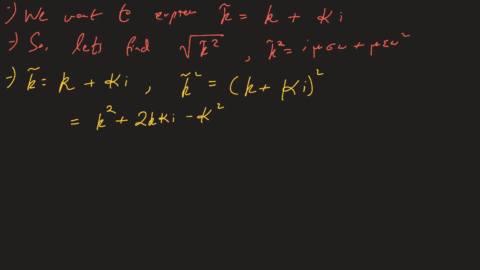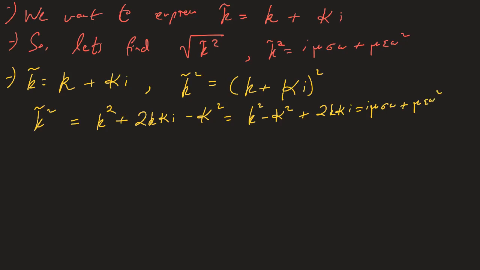Okay, this is equal to k tilde squared, where k tilde is a complex propagation vector. Now if we just rearrange a bit, this means that the real part k squared minus kappa squared plus 2 k kappa i is equal to i mu sigma omega plus mu epsilon omega squared.